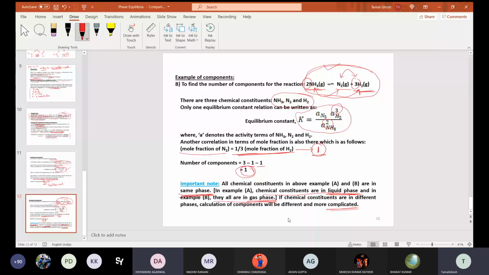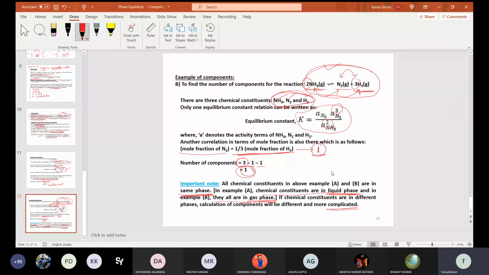First, you have to see the chemical constituents. So in this case, ammonia, nitrogen, hydrogen. These three constituents are existing. The 3 is the number of chemical constituents we are writing there.